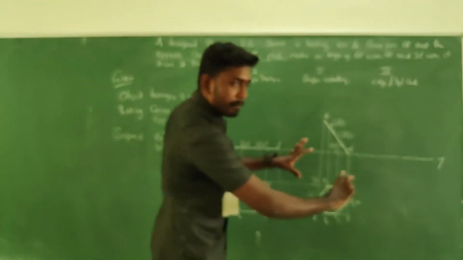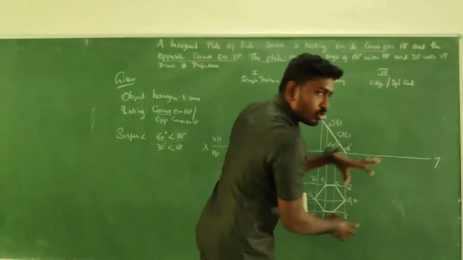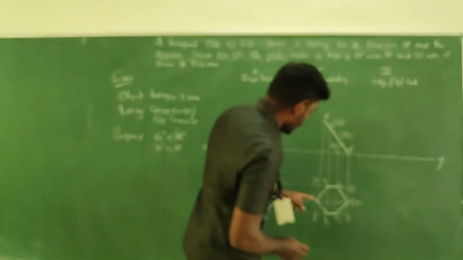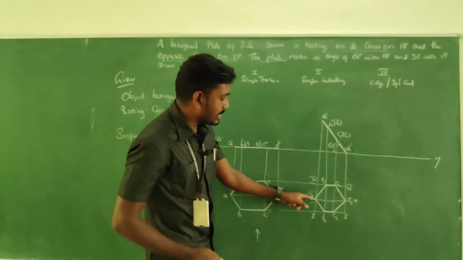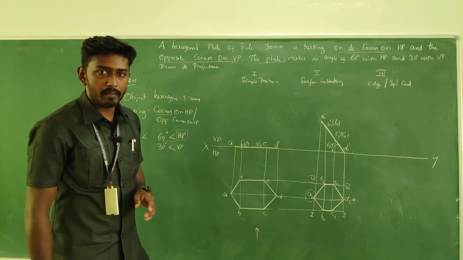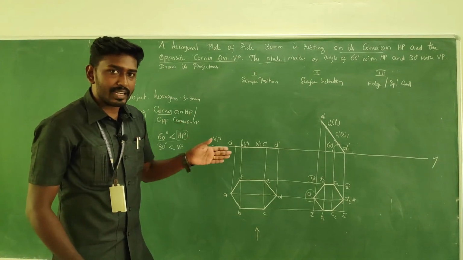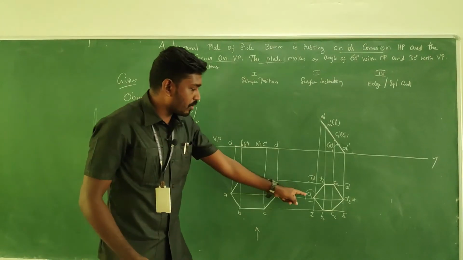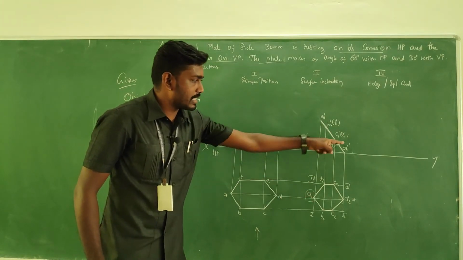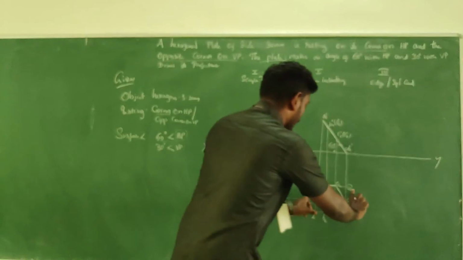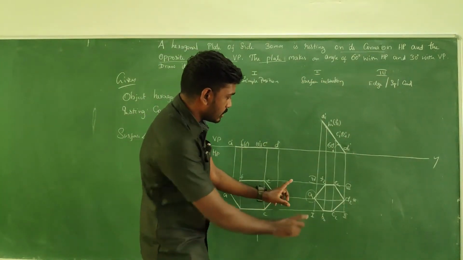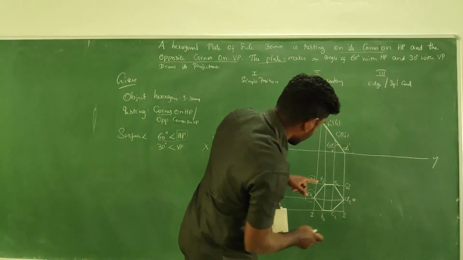So by picking it, I'm going to keep it on the XY line, so that this A will lie on VP. Okay, so we are not considering the angle, but here our task is that the opposite corner A should rest on VP. So I'm going to pick it and keep it on the XY line. So we're going to take it in this manner.